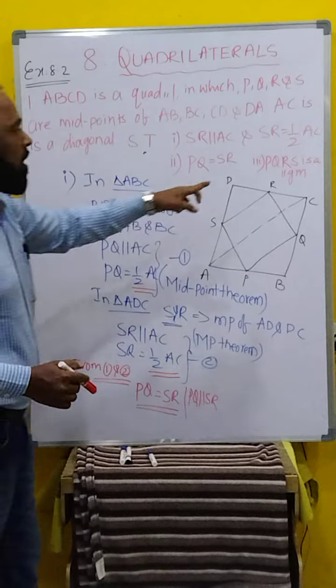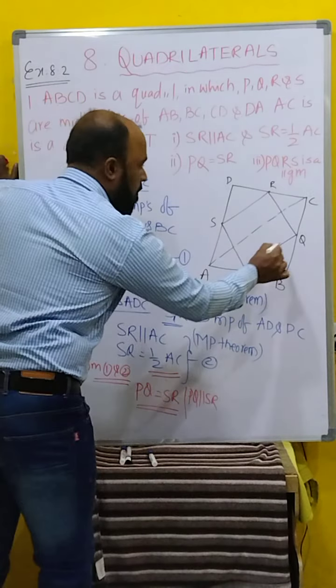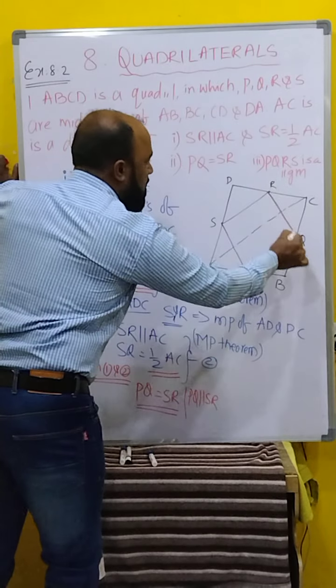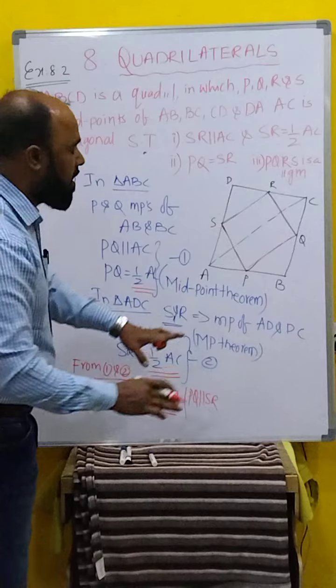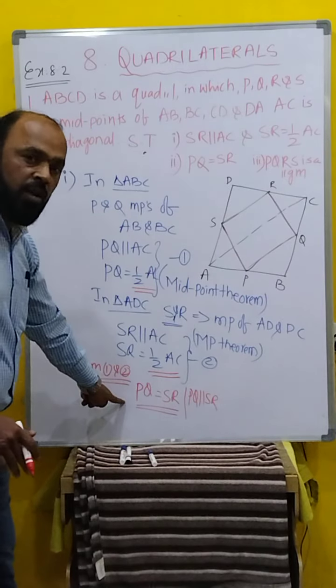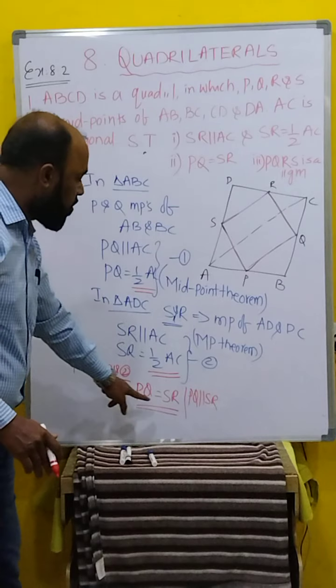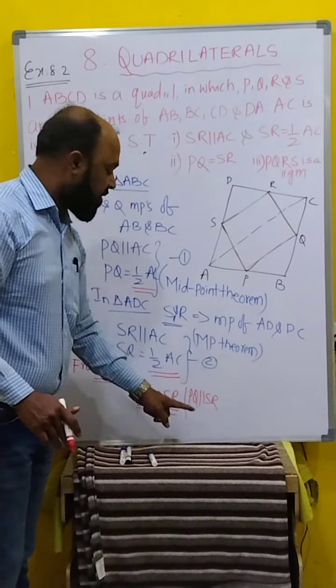Now observe third one, PQRS is a parallelogram. Suppose if you take PQRS as a quadrilateral, then observe what we proved. PQ is equal to SR and PQ parallel to SR. That we proved.